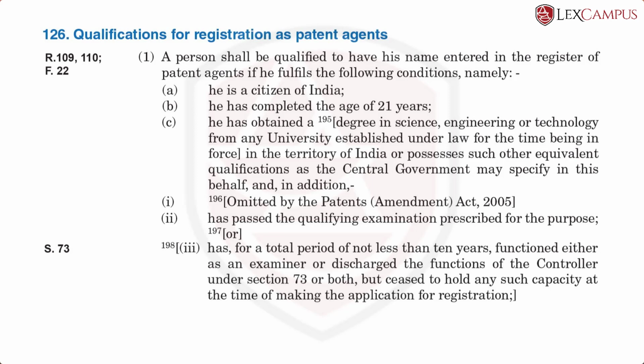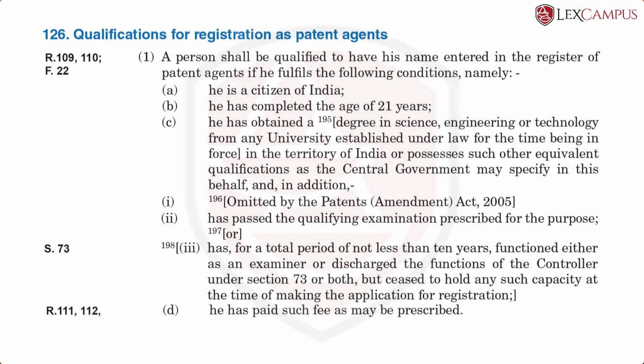So, the only way you can become a registered patent agent without taking the exam is by having spent at least 10 years in the patent office, either as an examiner or as a controller, and then giving up the job to become a patent agent.